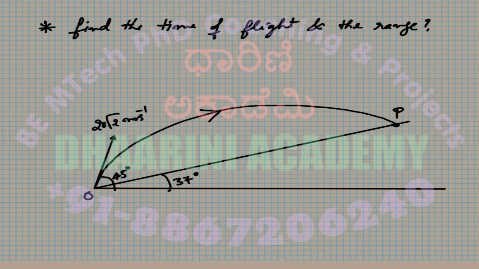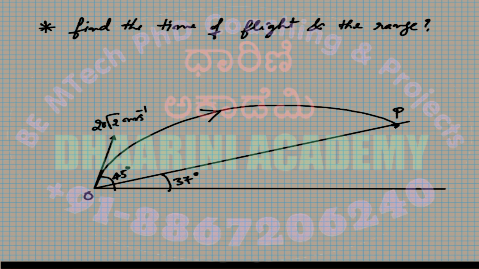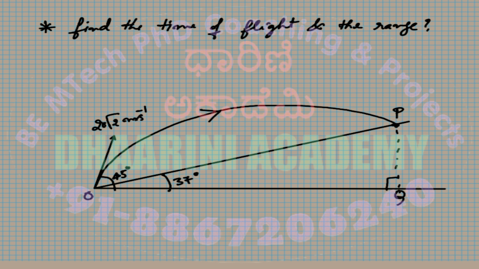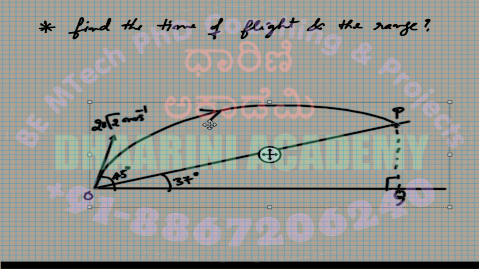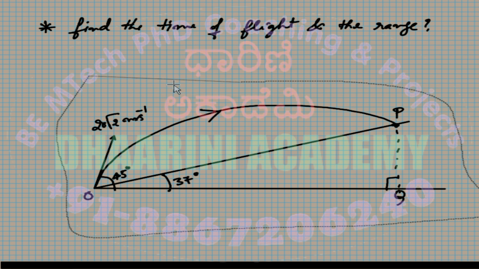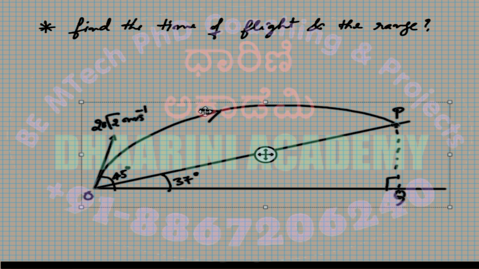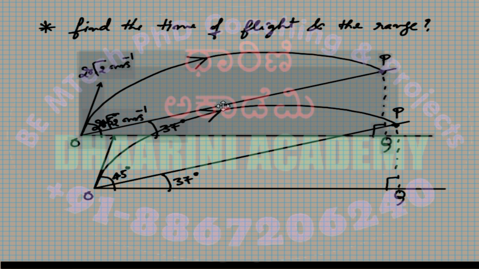Actually, we can construct the triangle over here, which is a right angle triangle. We can use this if required. So this is 90 degrees. So this is the given data.